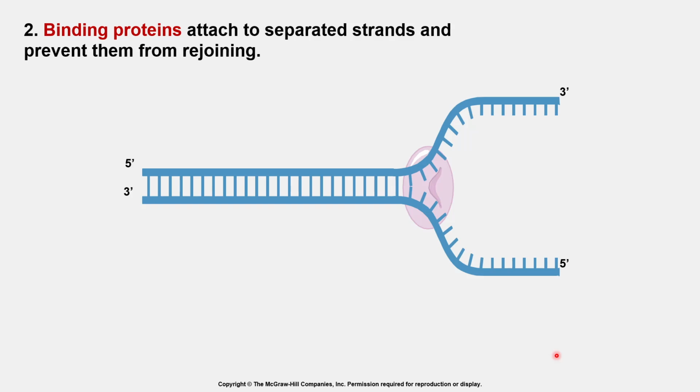So they've got a C here and a G here, they've got an A here and a T here, and those things are attracted to each other. They want to come back together, but in order to prevent that from happening, these special binding proteins grab onto the strands and hold them apart to prevent them from rejoining.